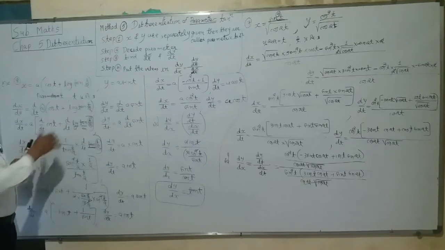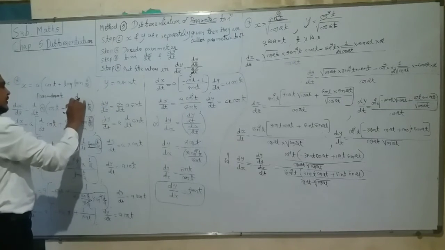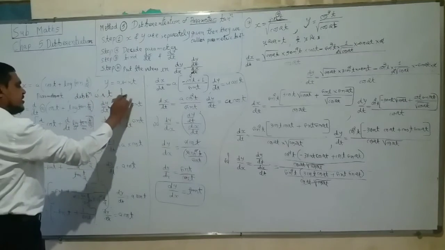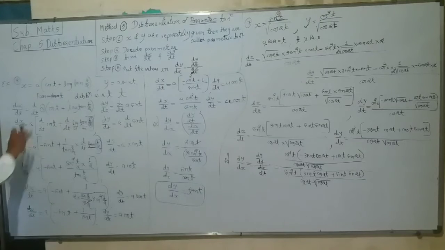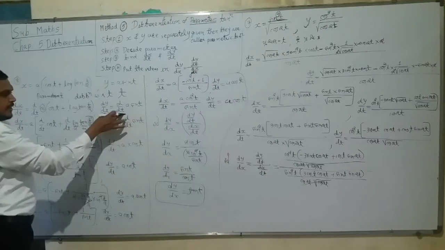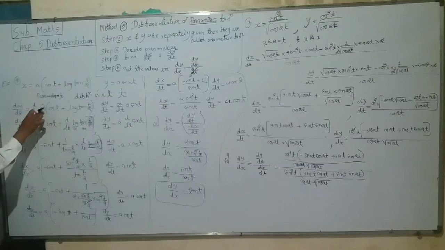If the parameter is t, then we have to do the differentiation with respect to t. So dx upon dt: d by dt is the symbol of differentiation with respect to t. We take d by dt on both the sides, and d by dt on both sides of y equal to a sin t. Now a is constant.